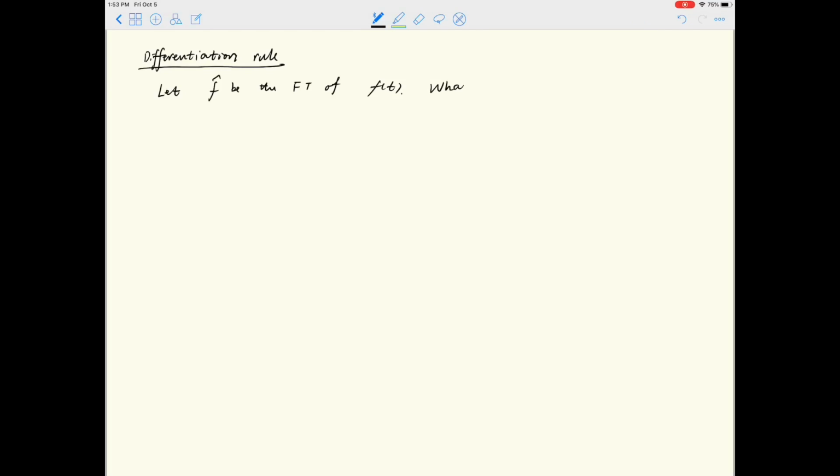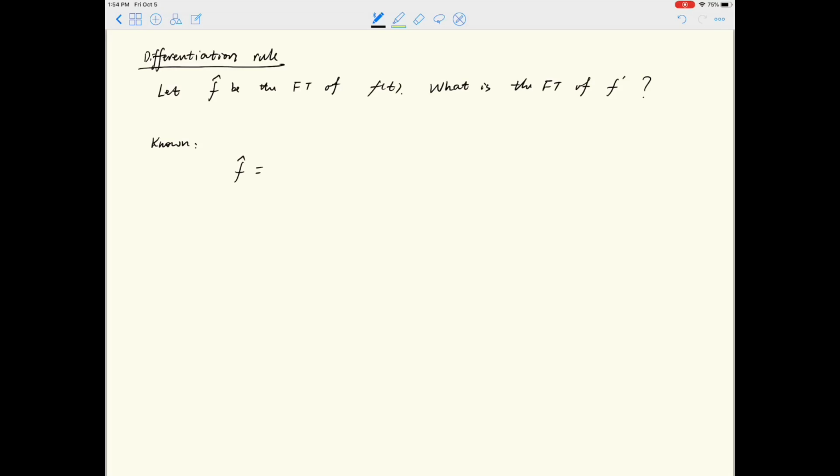Then what is the Fourier transform of f prime, the derivative of f, the first derivative of f? We want to find out what its Fourier transform is. So again, we start with the facts that are given to us. So these are known.